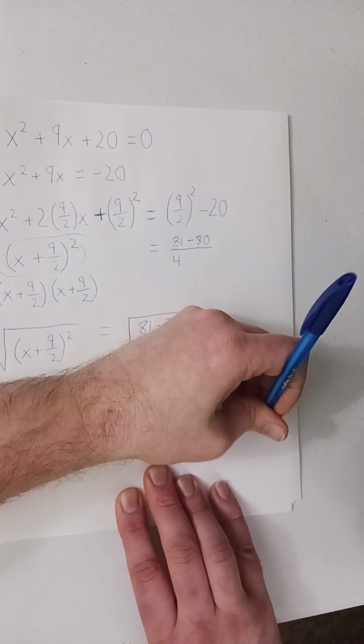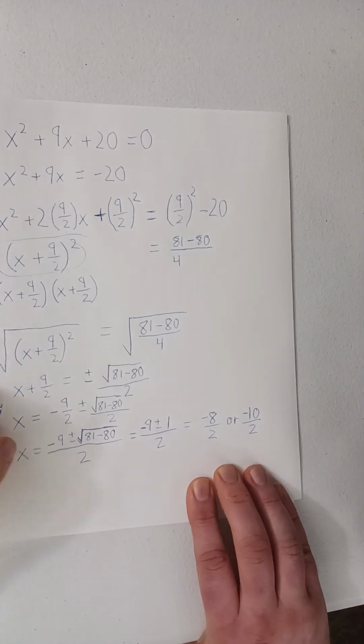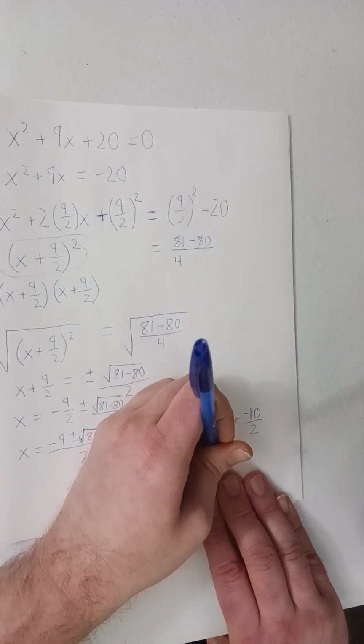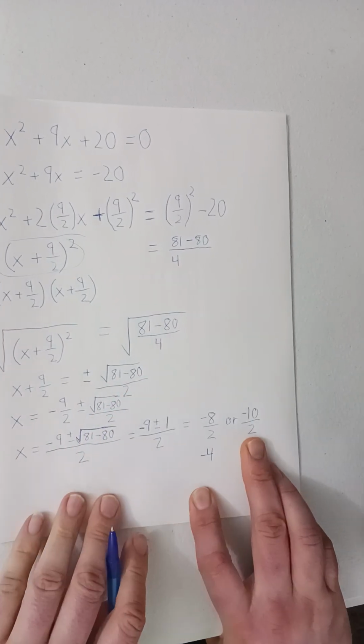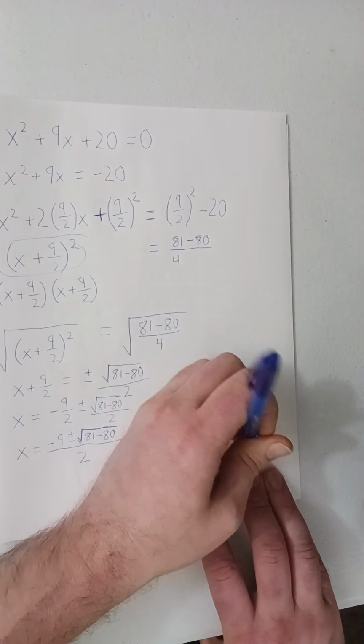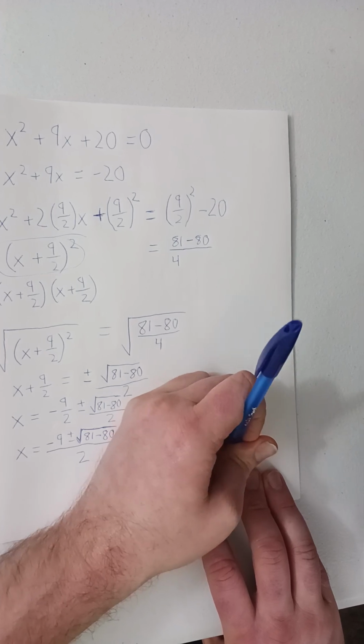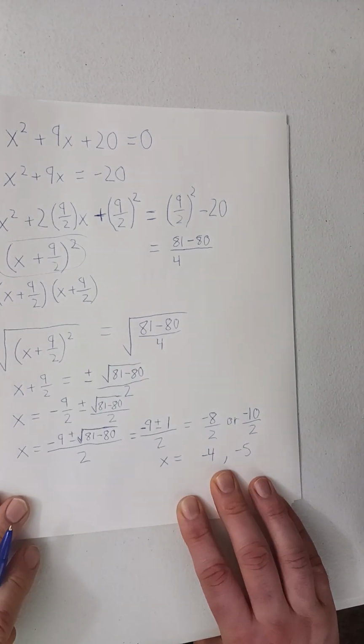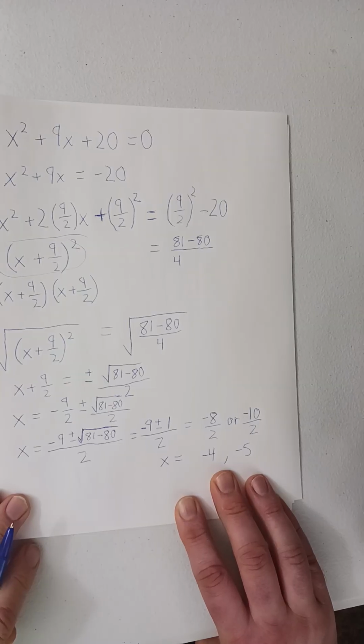This simplifies to what? Negative 8 divided by 2 is the same thing as negative 4. Negative 10 divided by 2 is the same thing as negative 5. So x could equal either of these values in order to get 0.